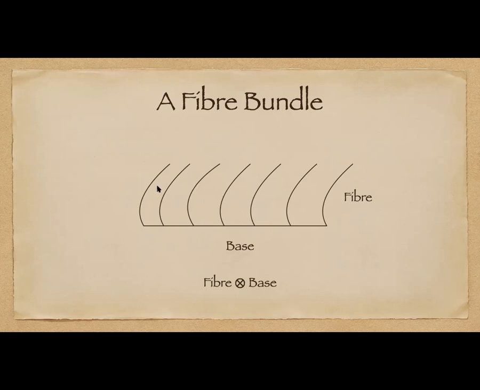These fibers are abstract, but the manifestation of their existence is there in the base measurements. So our dynamics is on a fiber bundle, from what we have formulated up till now.